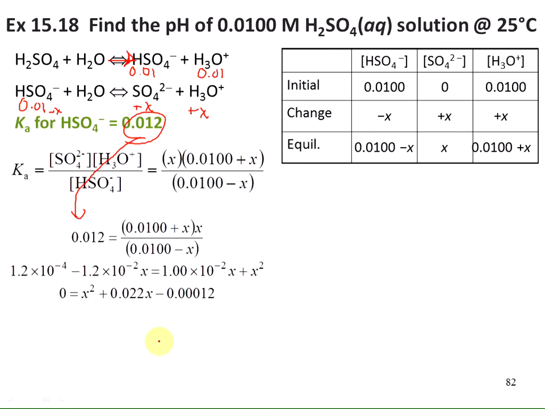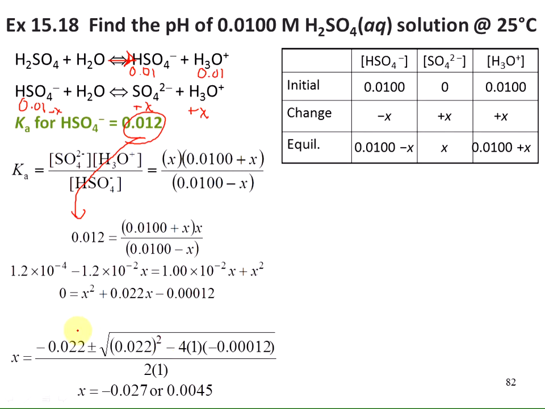If I use the quadratic equation, I should get either x equals minus 0.027 or 0.0045. Now I know that it can't be negative, because the reaction has to go in the forward direction because I don't have any sulfate.